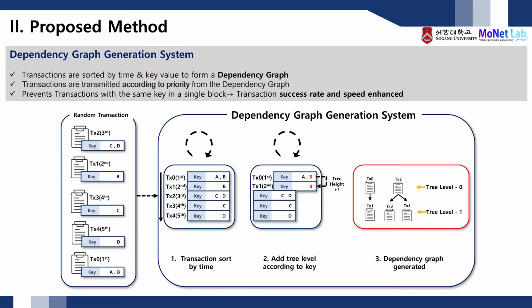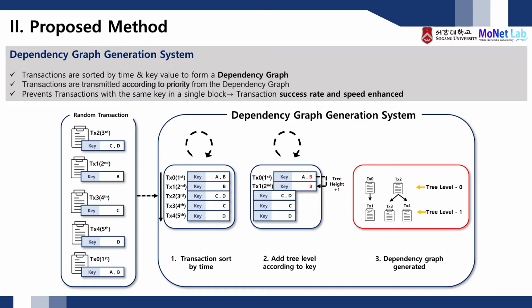This is the proposed method, the dependency graph generation system. The main idea is avoiding transactions with the same key entering the same block by using information based on a tree structure. Transactions are sorted by time and key value to form a dependency graph, which will then be transmitted according to processing priority.